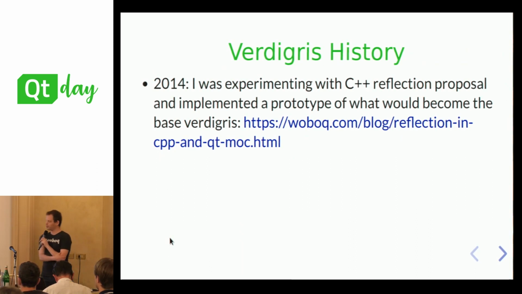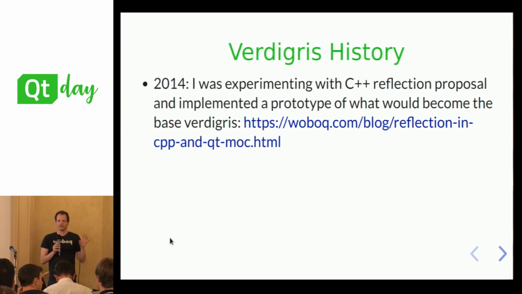This experiment started in 2014. There was a paper submitted to the ISO C++ standard proposing some ways in C++ to do reflection. And the question is, could this be used to re-implement moc? So I tried.